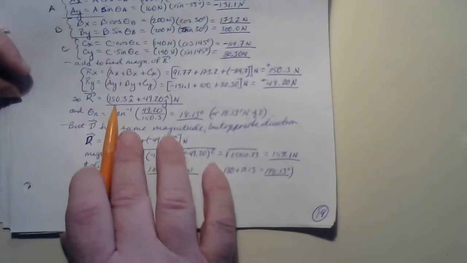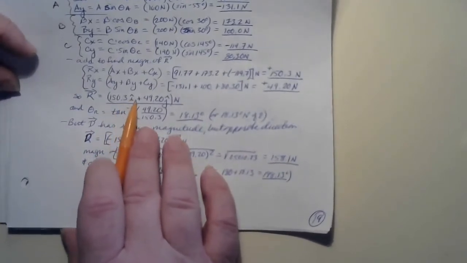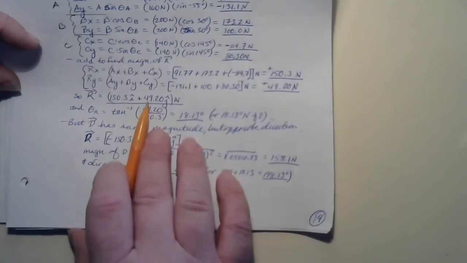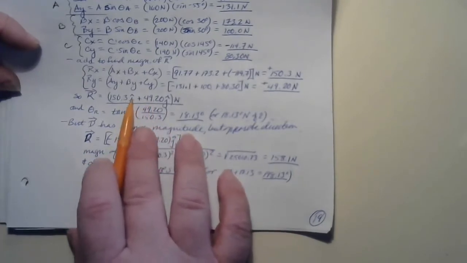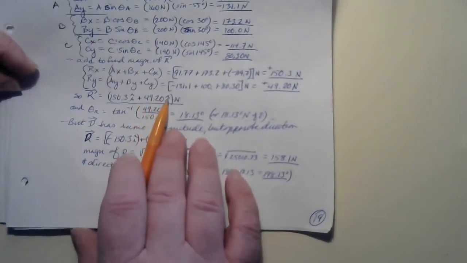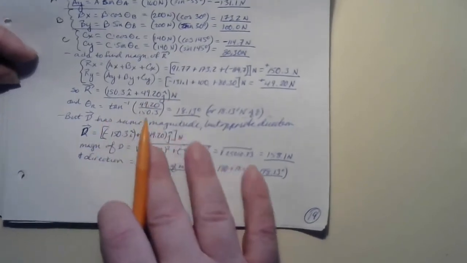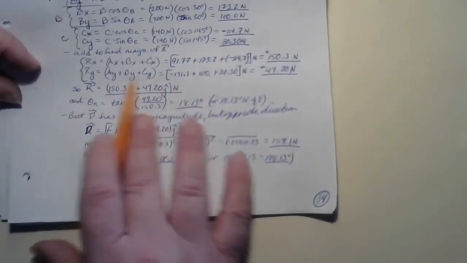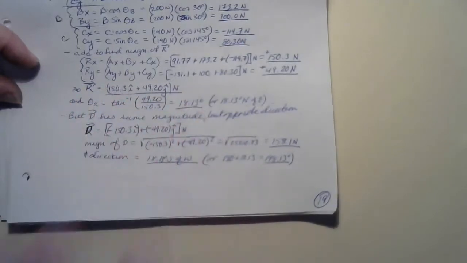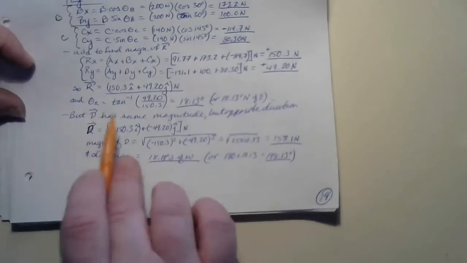So the resultant is 150.3 times the unit vector i, because that's the unit vector for the x direction, plus 49.20 times unit vector j. And the units would be in newtons. So there's your equation for the vector of the resultant of A, B, and C.